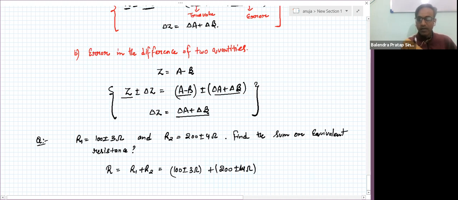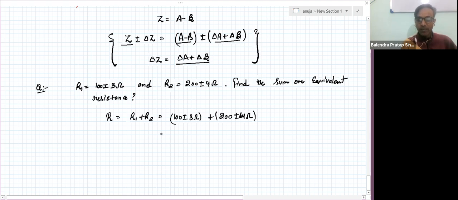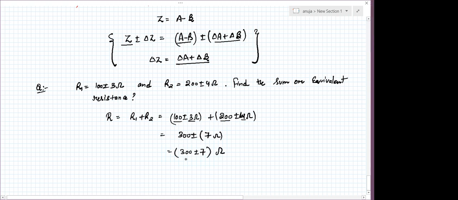So what will be your answer? 100 plus 200 as I used in the formula, that is 300, plus minus add the errors, 3 plus 4, that is 7. So the result is 300 plus minus 7 ohm. Is it clear? It's a very easy question.